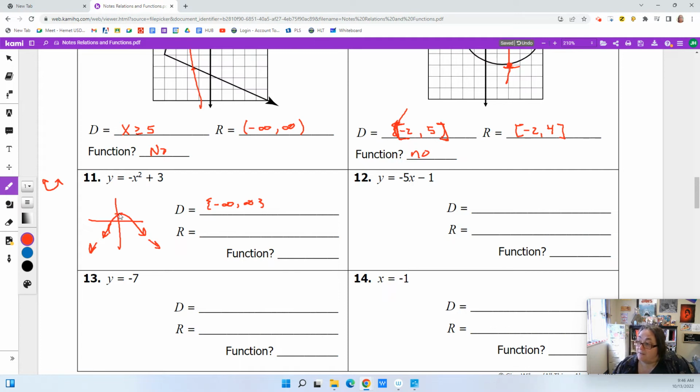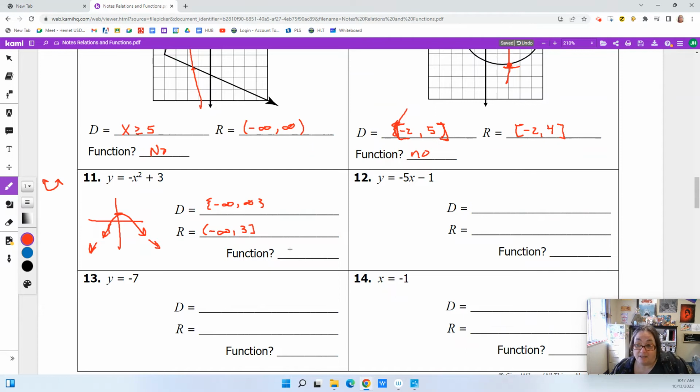But y is going to start at 3, well, it's going to end at 3, I should say. Notice it's all pointing down, so it's starting at negative infinity in both directions, and it can go to 3, but it can't go anywhere else.